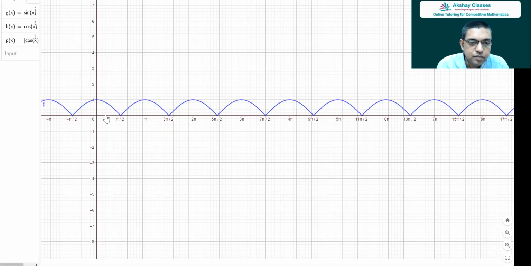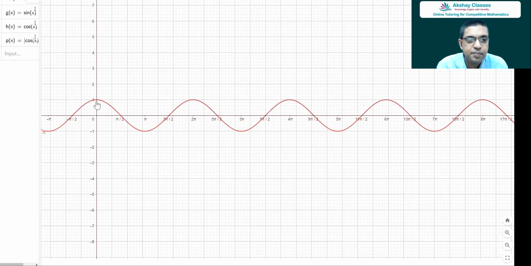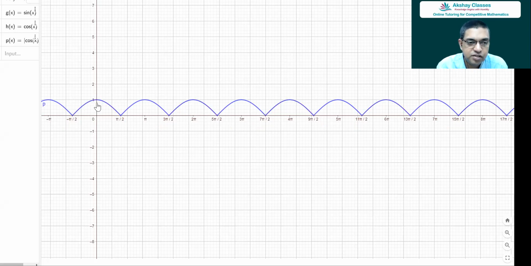So the period is pi. If it was cos x, the period was 2 pi. The repetition is after every 2 pi value. But if it is mod cos x, the repetition is after every pi, because the portion of the graph on the negative side has gone to positive.